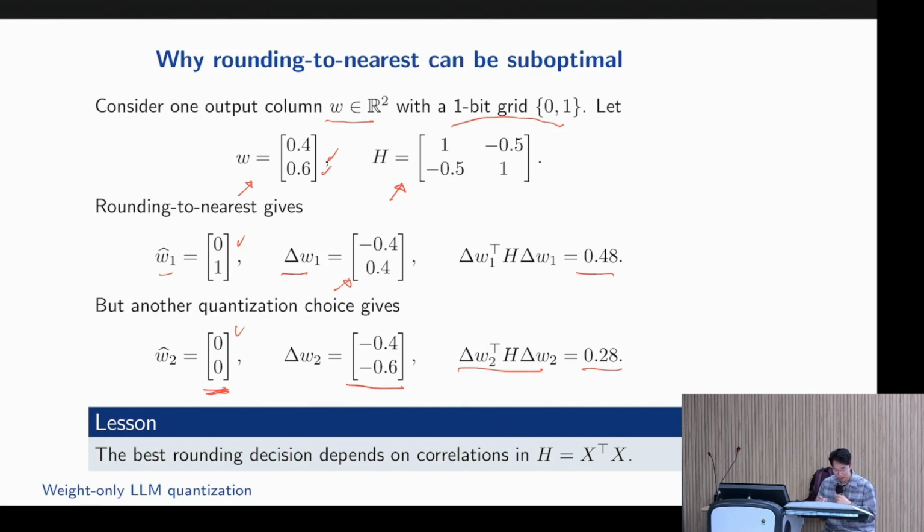So it turns out the best rounding decision should take into account this H matrix, or the data, or the activation. We shouldn't just blindly look at the weights, but also take into account the data.